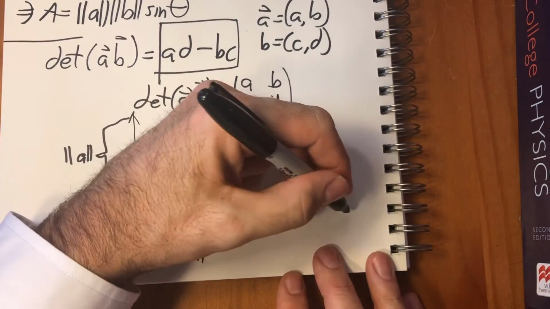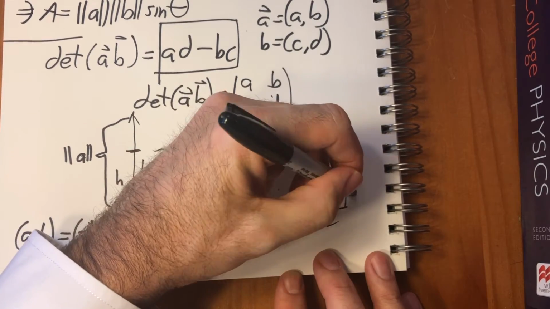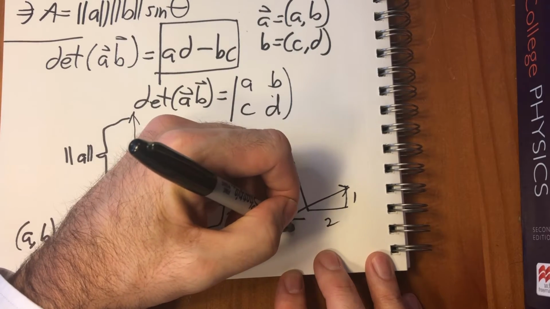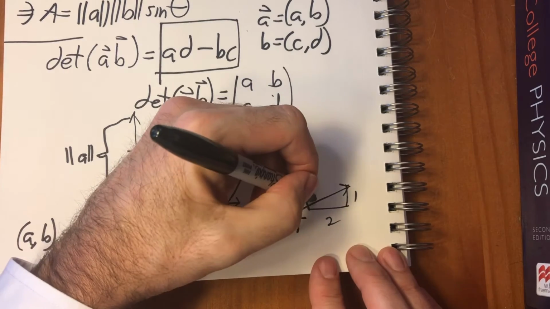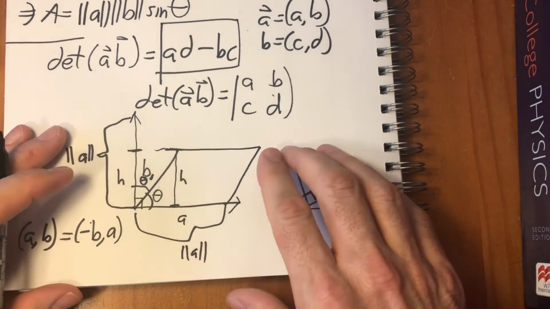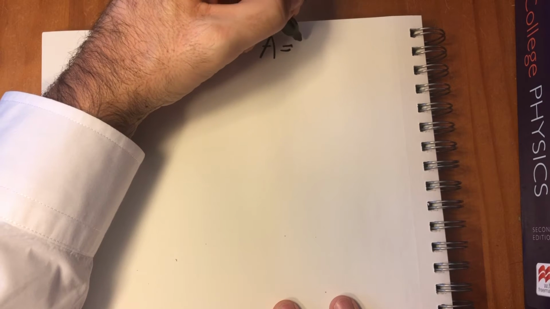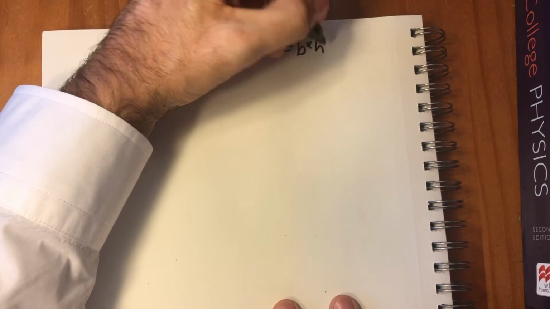So I can show you if we have 2 comma 1, instead we go back 1 and up 2, then those are obviously going to be perpendicular, okay? So what we're looking for is we want the area equals the base times the height.